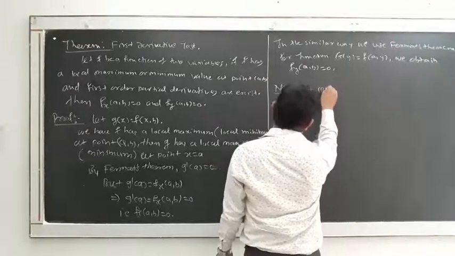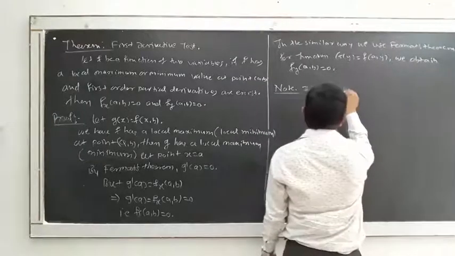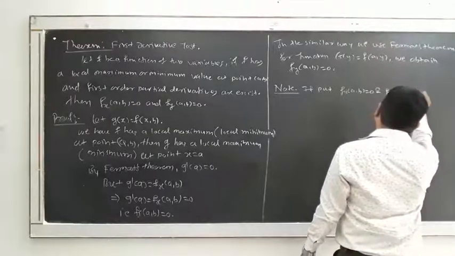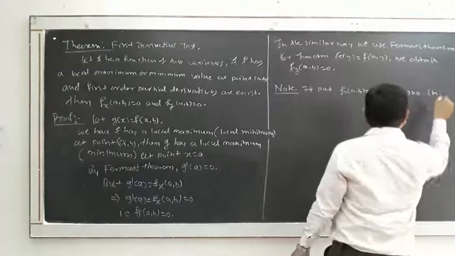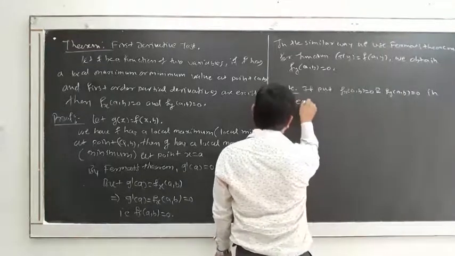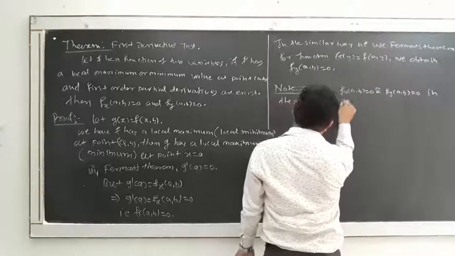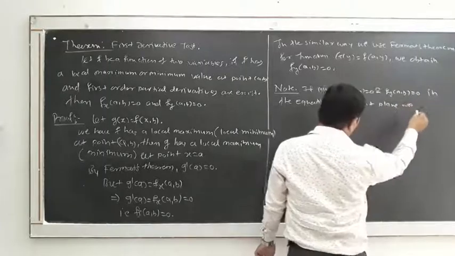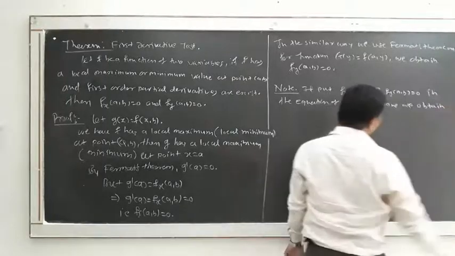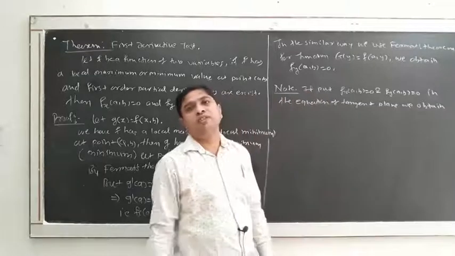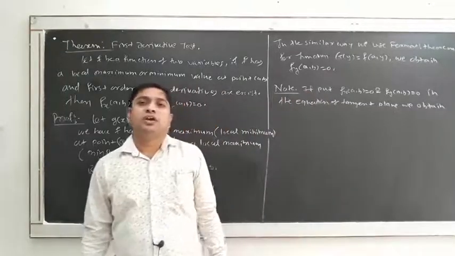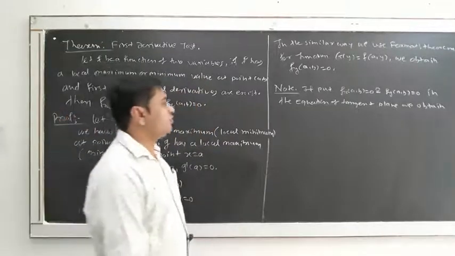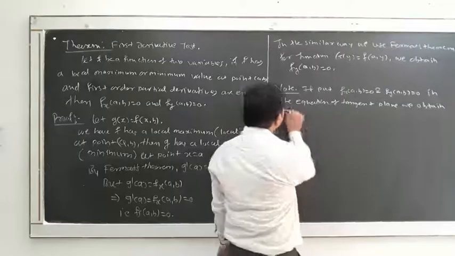If we put fx(a,b) equal to 0 and fy(a,b) equal to 0 in the equation of the tangent plane, z minus z0 is equal to fx(a,b)(x minus a) plus fy(a,b)(y minus b), we obtain z is equal to z0.